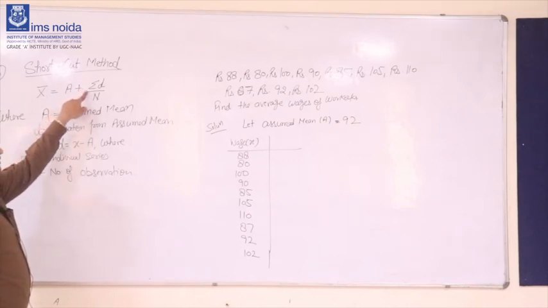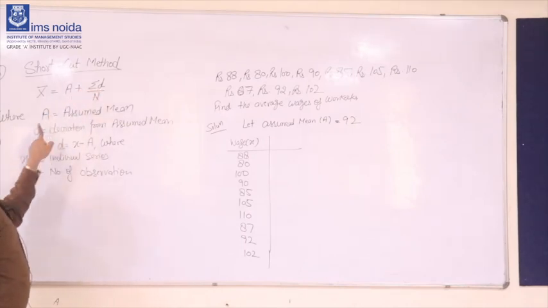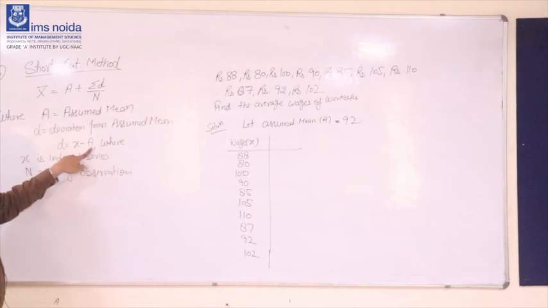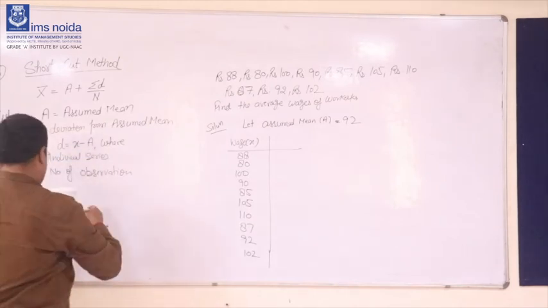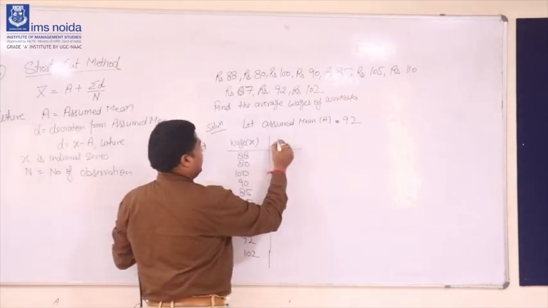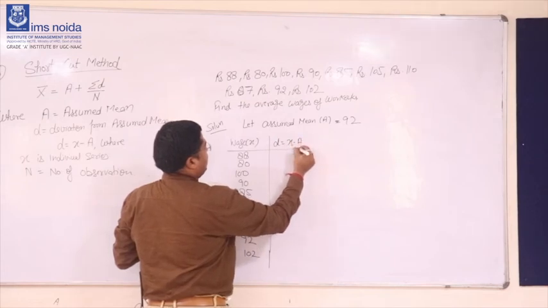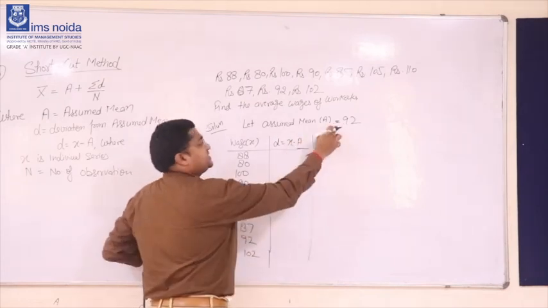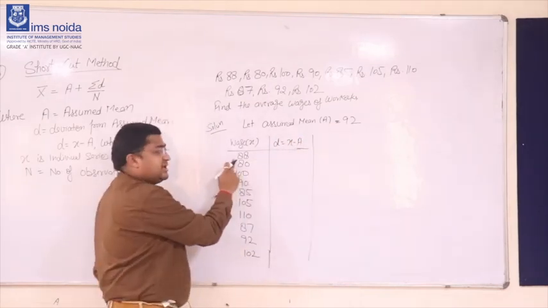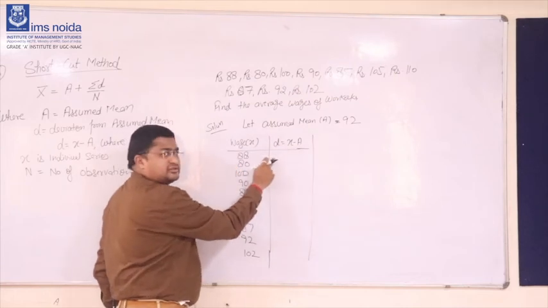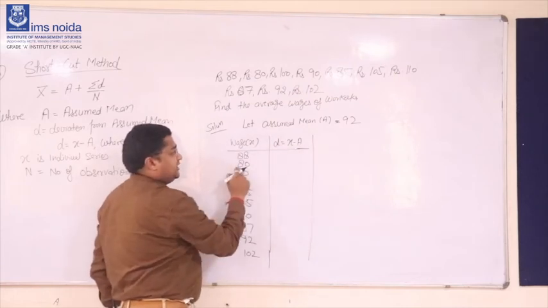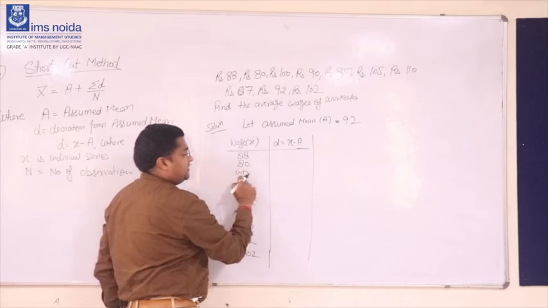See the formula. I have A as 92. Find summation D. So how to calculate D? D equal to X minus A, that is the next column. A is 92, and X is 88 for this value, 80 for this value, 100 for this value.